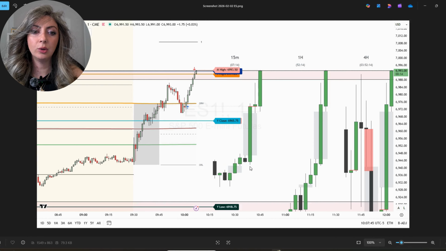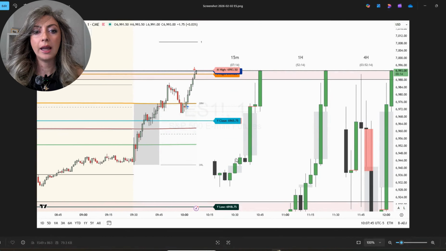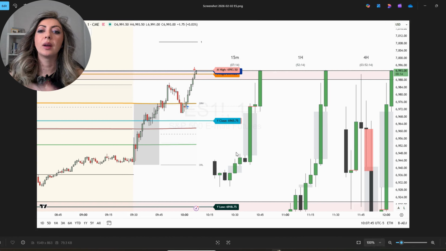I was looking for this specific consolidation area to break so I could go long, even though this break of the consolidation structure happened right after the market opened.